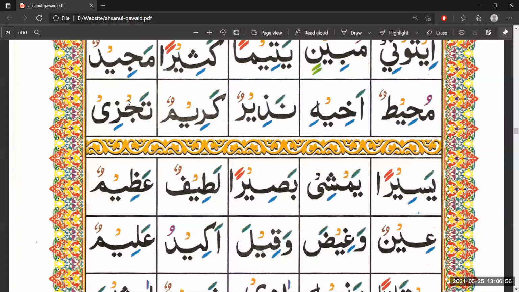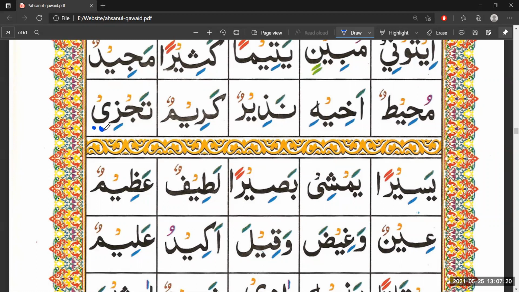Next one. تا فتحة تا. جيم with a سكون. زا with a يا كسرة زي. So تجزي. And they did not write 2 dots on the ya. And it is supposed to have 2 dots at the bottom because there's a different rule when our ya doesn't have dots. So I'm just going to draw that in here.